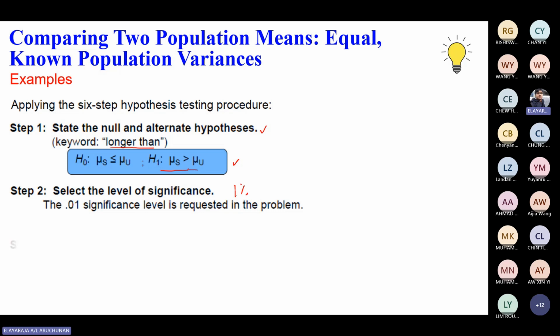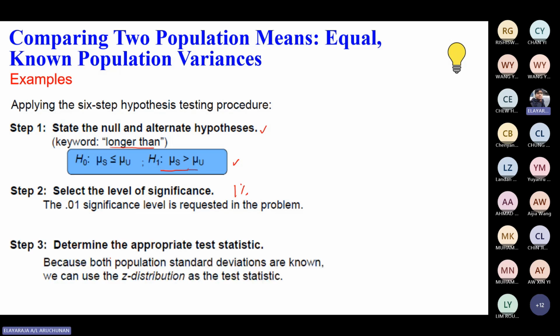Step 3, we need to determine the appropriate test statistic. Now, we should consider what type of test statistic we should use for this data. We know the sample size for the standard lane is 50 and for the fast lane is 100.